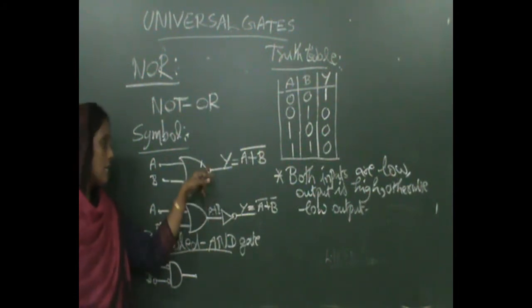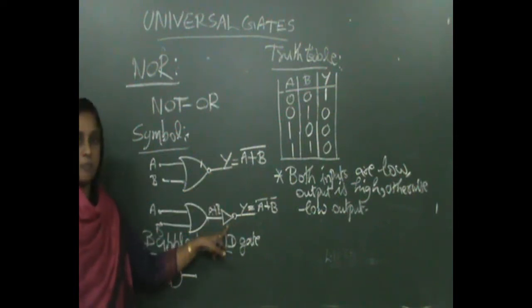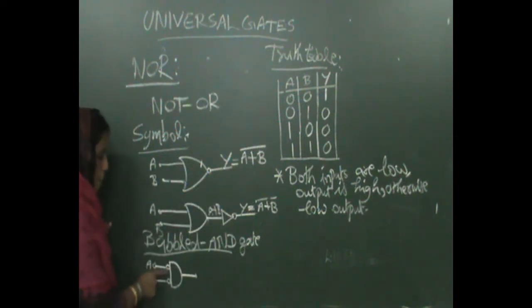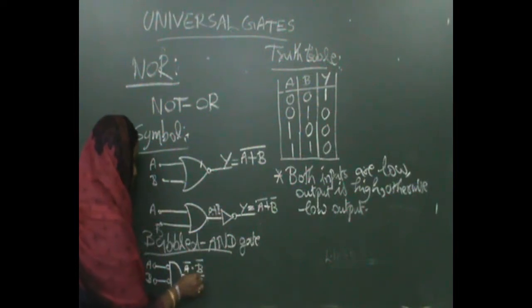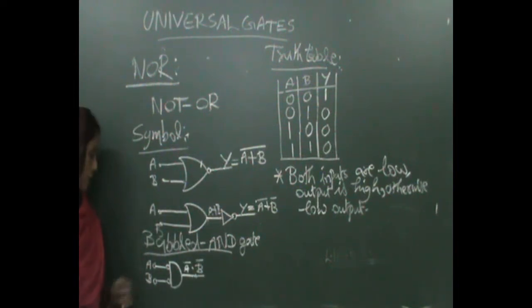This bubble represents this NOT gate. Similarly, if this bubble appears in the input, it represents an inversion operation at the input. So this bubbled AND gate represents A complement and B complement. Now you can check the truth table of this bubbled AND gate.